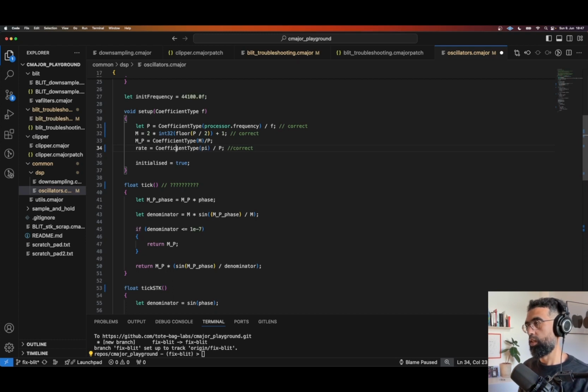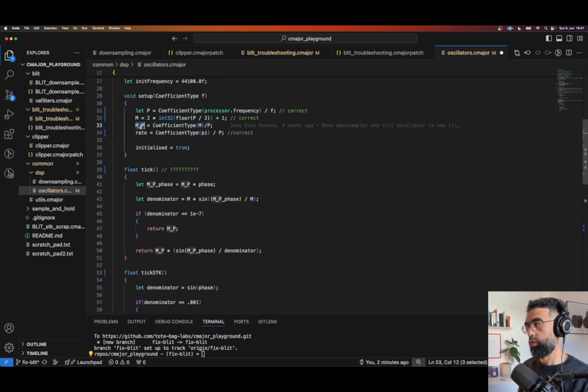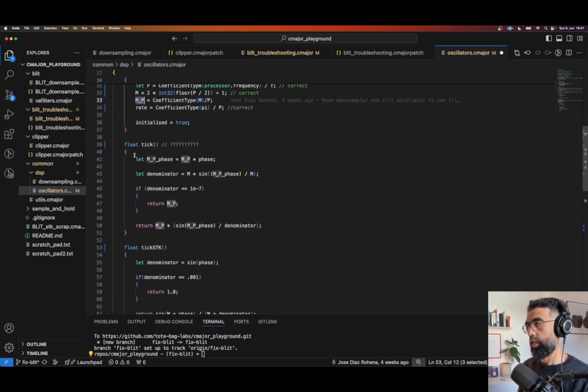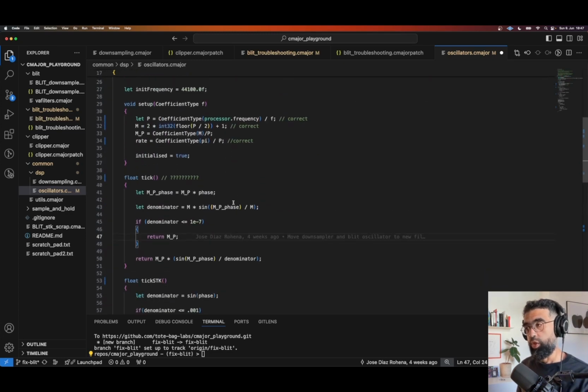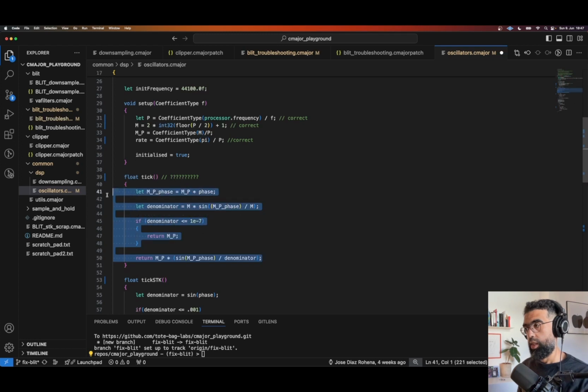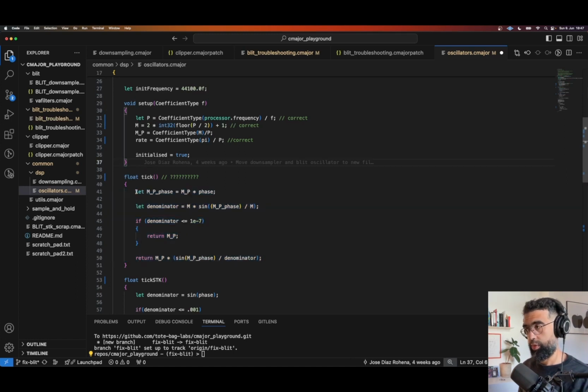Oh, sorry, the rate. We haven't verified this. This is only used here, and it is meant to be a little tiny optimization. But I think what we need to do is simply, this is not a lot of code. I think it would be better to redo this and do it in the most naive way possible, right?